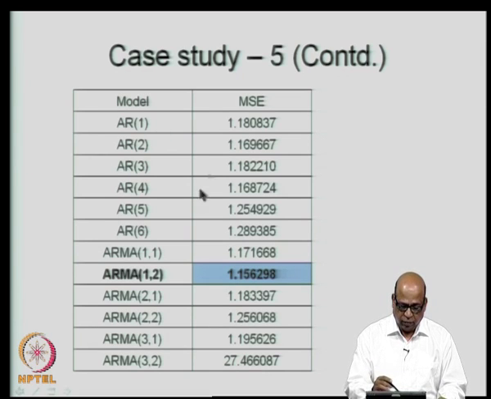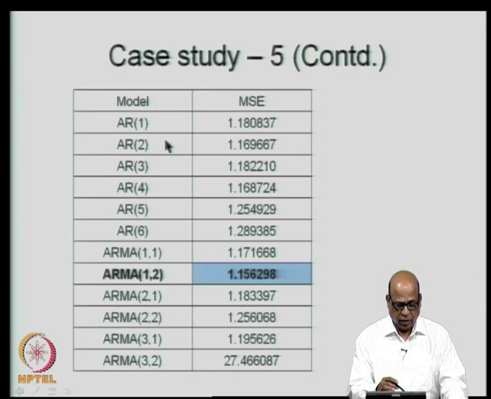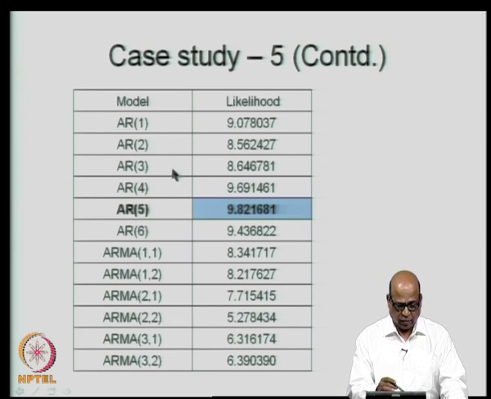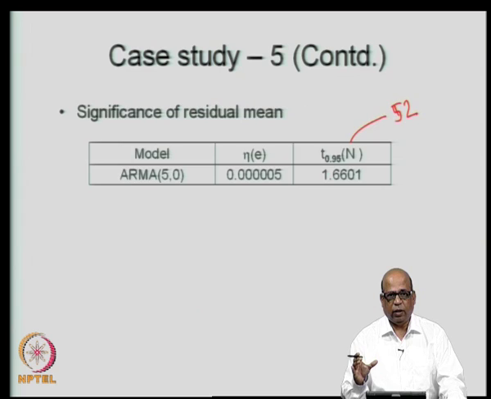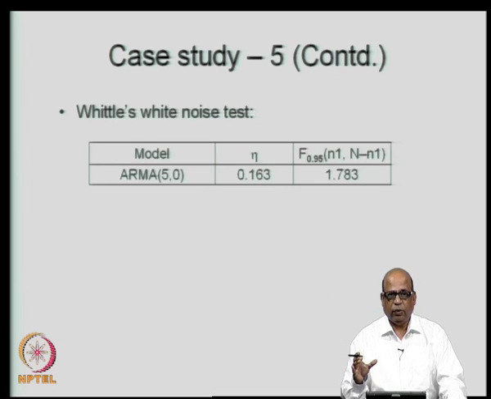In obtaining these mean square errors, again we use the same parameter values that we had obtained earlier for these candidate models, and then we apply these models for the remaining half of the data and compute the mean square errors.